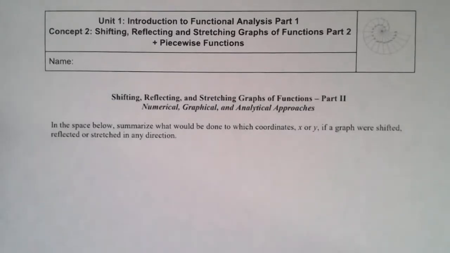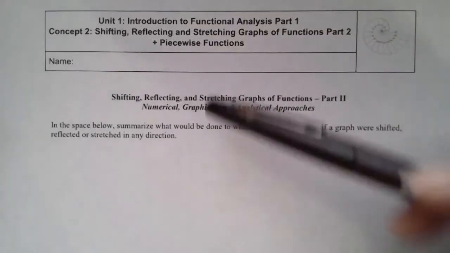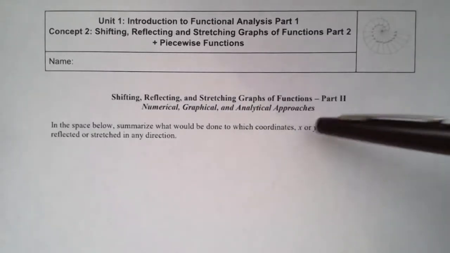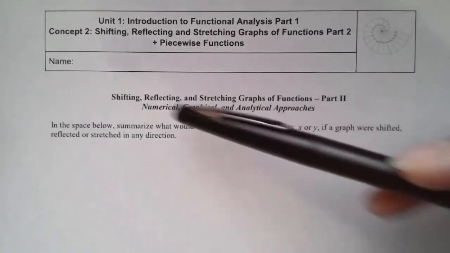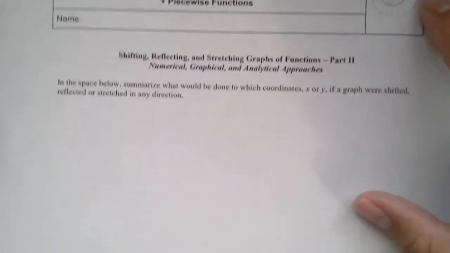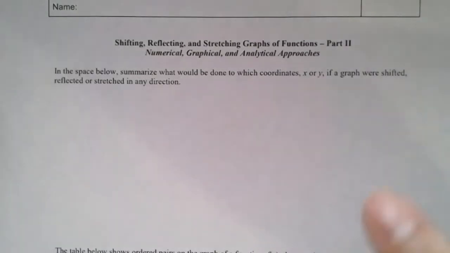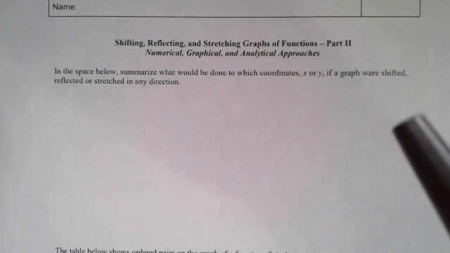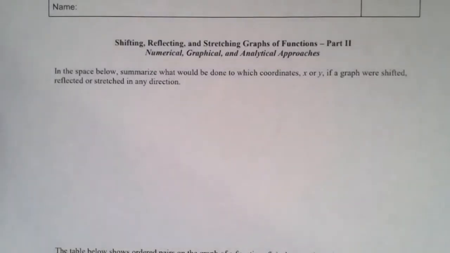Okay, in the space below, summarize what would be done to which coordinates x or y if a graph were shifted, reflected, or stretched in any direction. What this is asking us to do is to summarize the table we completed a couple pages back, I believe. Okay, so for this first one, what they want is just a summary.